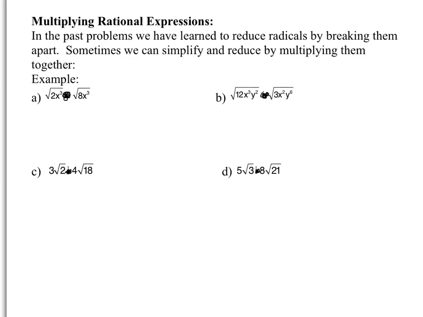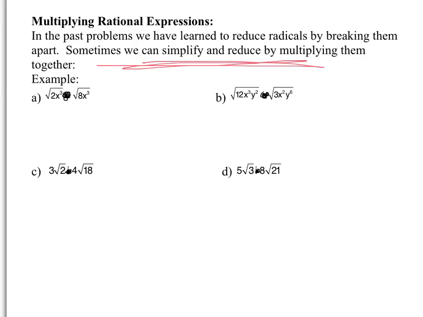In the past, we've been reducing radicals by breaking them apart into the largest perfect squares. But sometimes we can simplify more easily if we multiply them. For example, in example A, I see the square root of 2x cubed times the square root of 8x cubed. Neither of them is a perfect square, and the x cubes are both odd.